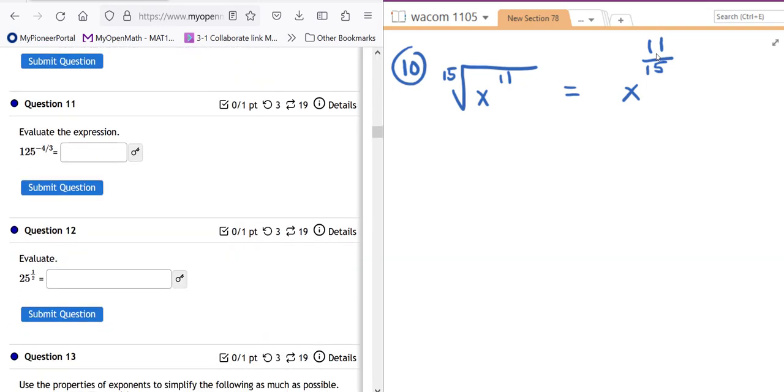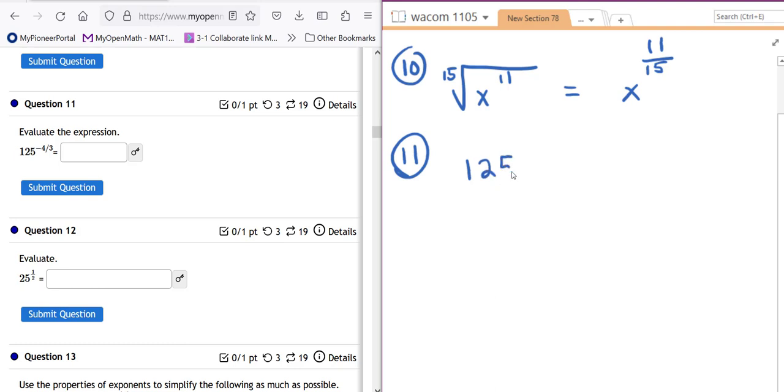11 is a negative exponent. Remember, you have to shift a negative exponent. So we're going to shift this one first to the denominator. And they want us to evaluate it. So we have to see if we can do a little bit more. This is a cube root, and 125 is a perfect cube.